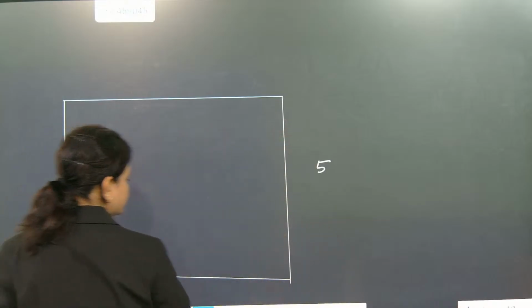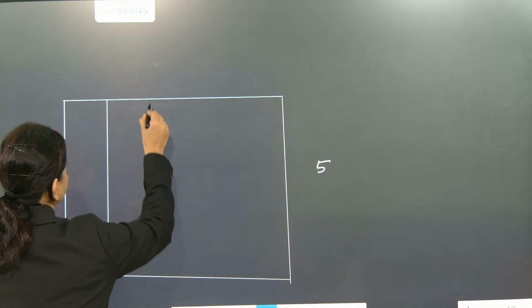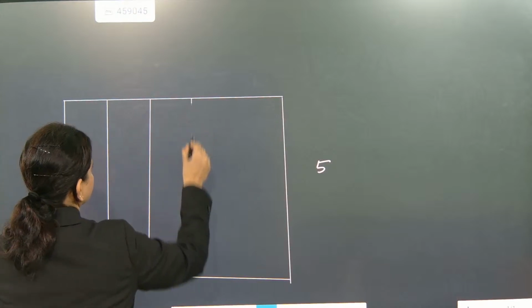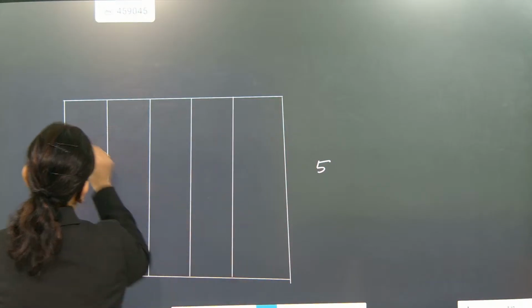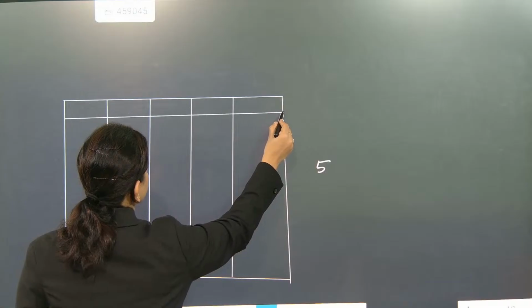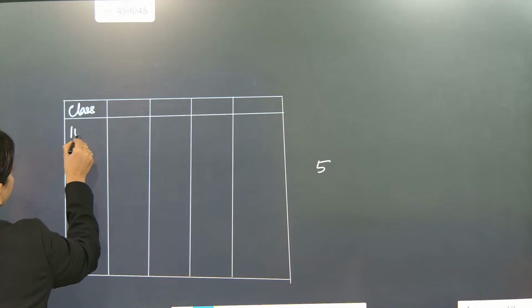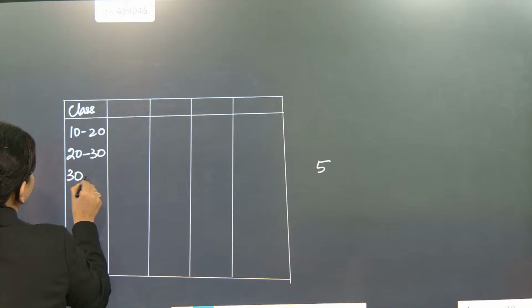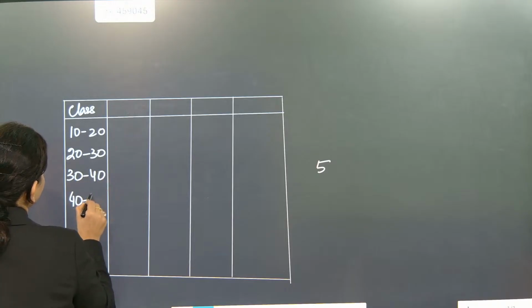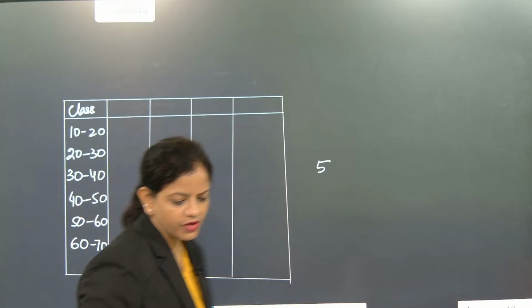First, draw the lines. The classes given are 10 to 20, 20 to 30, 30 to 40, 40 to 50, 50 to 60, 60 to 70, and 70 to 80.